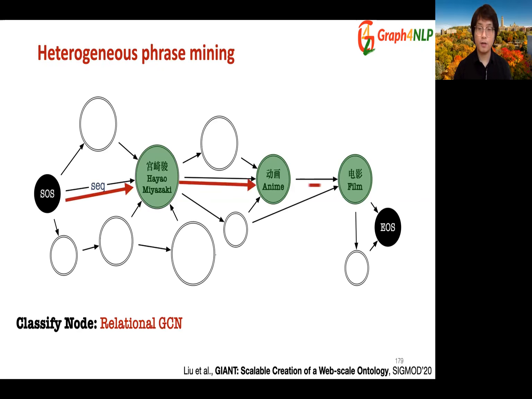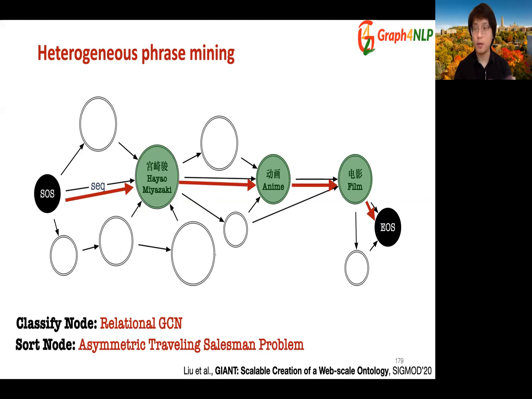Next, we need to find a sequence to connect all the positive nodes into an output phrase. Basically, this is the asymmetric traveling salesman problem. We want to find a path between the start of sentence and end of sentence that connects all the positive nodes with the minimum length. This is exactly the asymmetric traveling salesman problem and can be solved by existing algorithms.